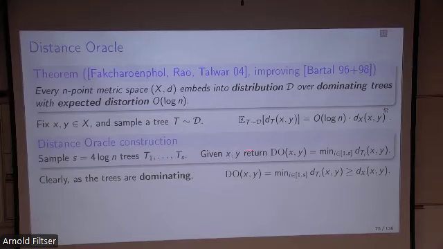Okay, so clearly all the distances become only larger, because this is the case in every tree. Now I want to prove that the distances will not become much larger. How do I prove that? This is just basic probability. Recall Markov inequality, which says that the probability that some random variable is larger than A is bounded by the expected size of X divided by A. This is only for positive random variables, but that's fine because this is always positive.